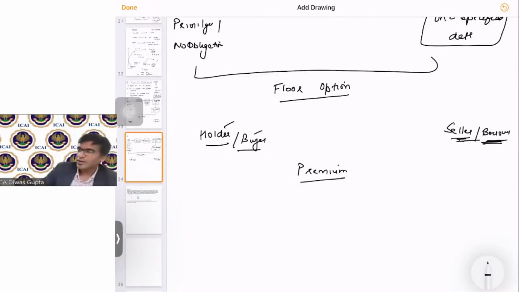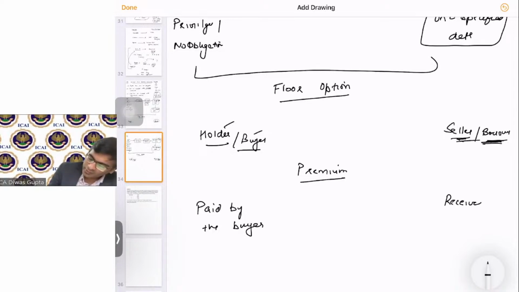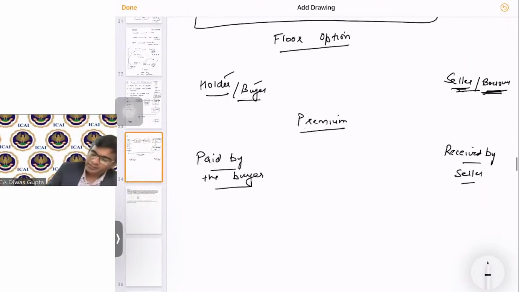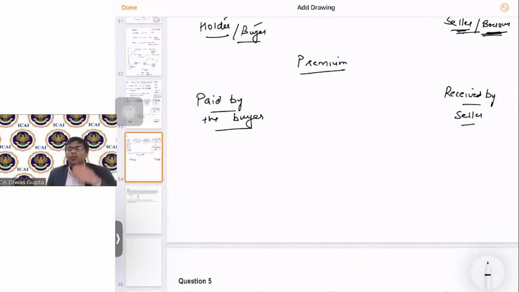So we cannot ignore this, and this will be paid by the buyer and received by the seller. We're talking about premium, because premium is the amount that will be paid or given to compensate the other party for assuming the risk.